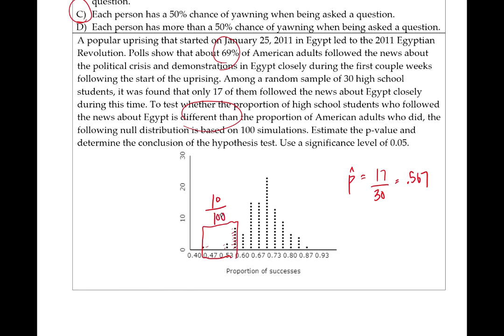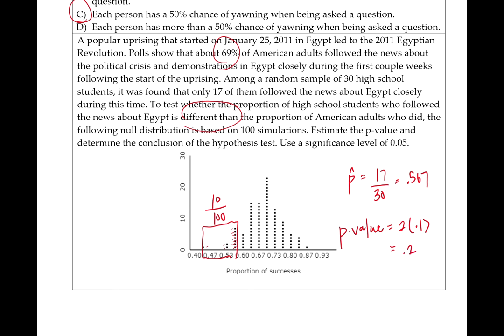But because this is a two-sided test, because we're interested in more extreme in either direction, we're going to multiply 10 out of 100, which is 0.1, times 2 so that we can include both tails of the distribution. We get a p-value of 0.2.